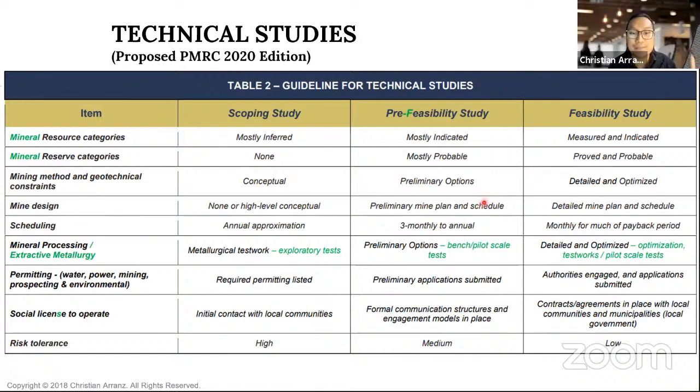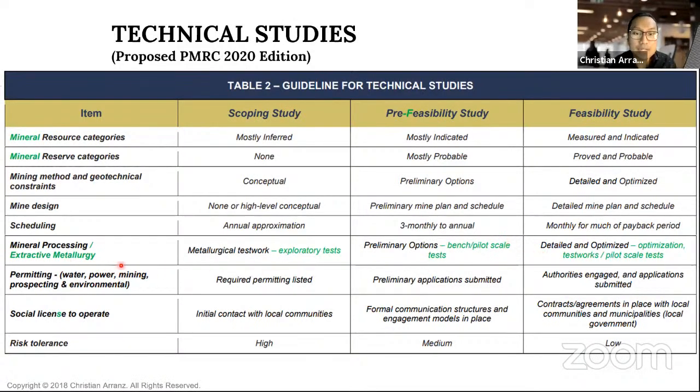Parang nasa ere pa siya. And then preliminary mine plan and schedule in pre-feasibility, and detailed in feasibility. Scheduling is annual, then 3-month to annual, and then mas maliit. Habang lumiliit yung time na kino-consider mo, mas nagiging sure ka about that, kasi mas pinaplan mo yung nitpicking details, di ba?